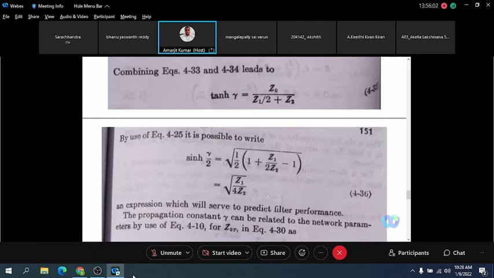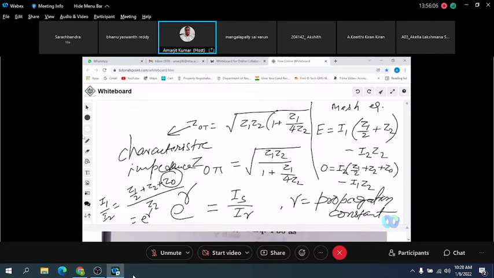This is important. So using this equation, can we calculate the propagation constant of the symmetrical T section?